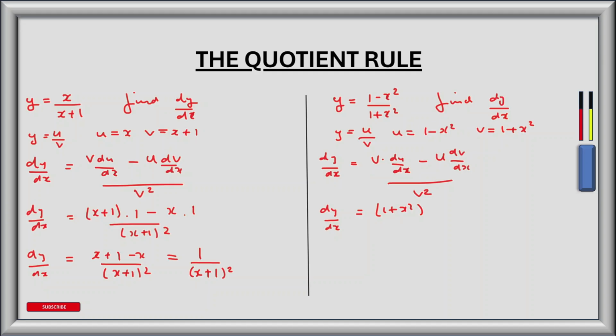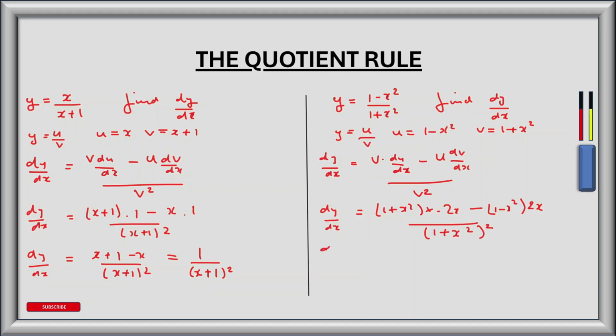So du by dx is minus 2x, times minus 2x, minus u, which is 1 minus x squared, multiplied by dv by dx, where v equals 1 plus x squared. So dv by dx is 2x, and that's all divided by v squared, which is 1 plus x squared, all squared.